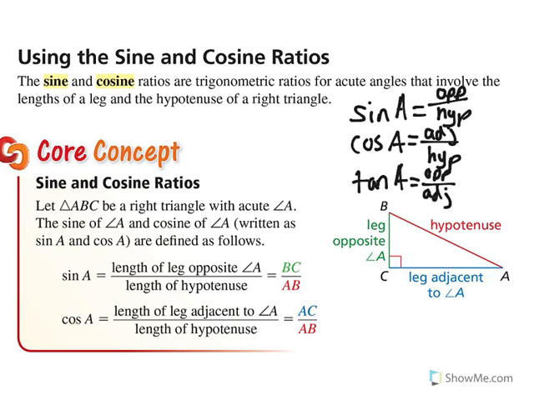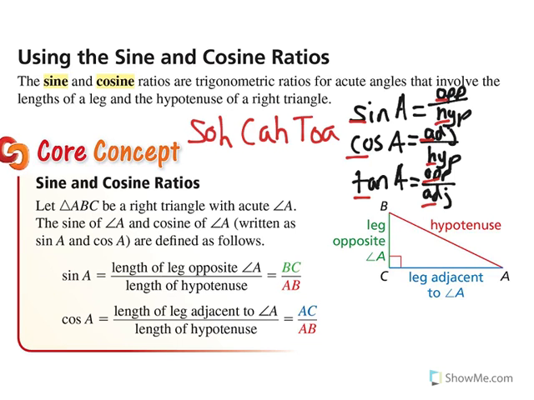There are some different ways that you can remember these. Some people remember SOHCAHTOA. If you look at the first initials, you have sine, opposite over hypotenuse, so that's SOH. You have CAH, and then TOA. SOHCAHTOA.